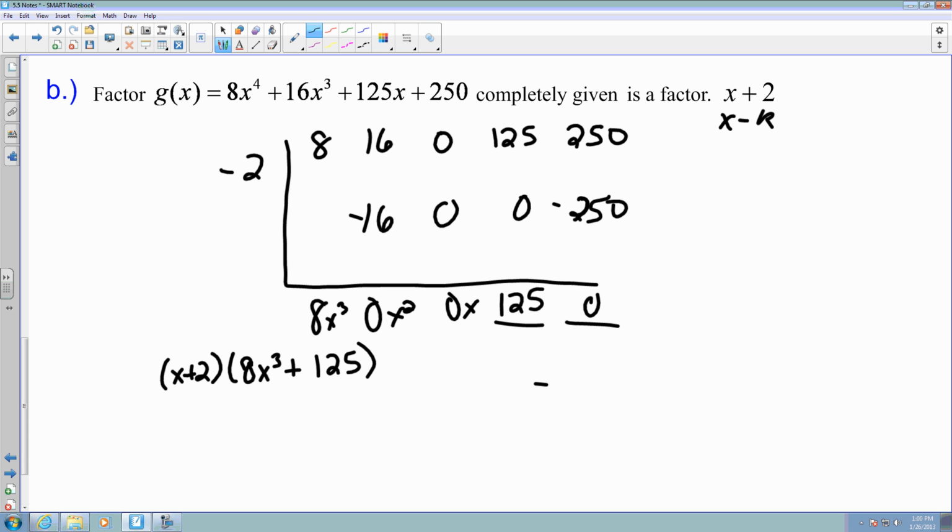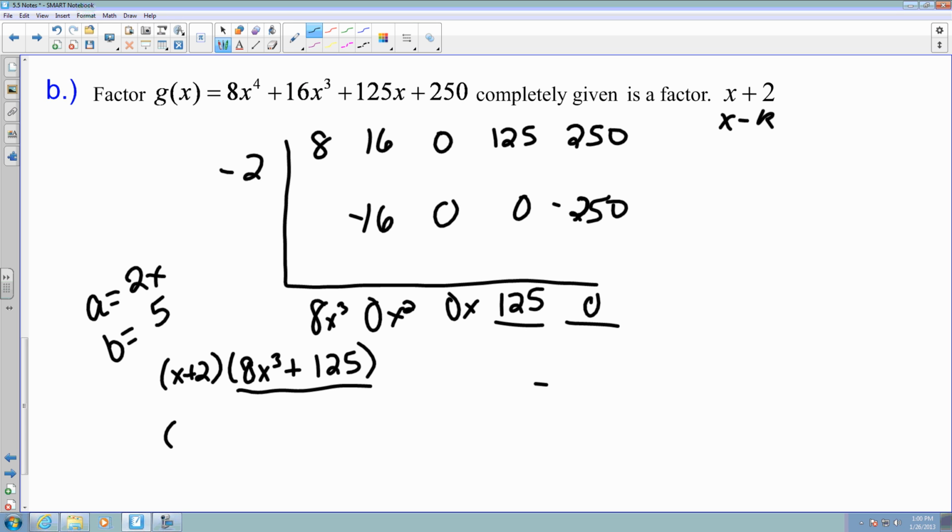Now, looking at just my 8x cubed plus 125, that looks like the sum of two cubes, where if we go back into our notes, the a would equal 2x and my b would be 5. So I can factor this out even further.